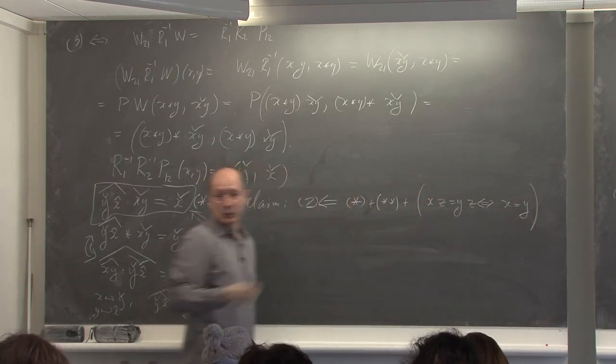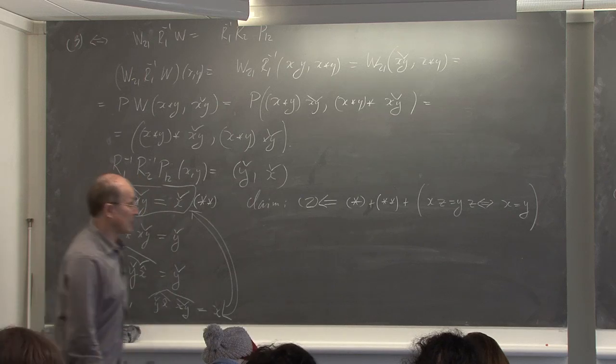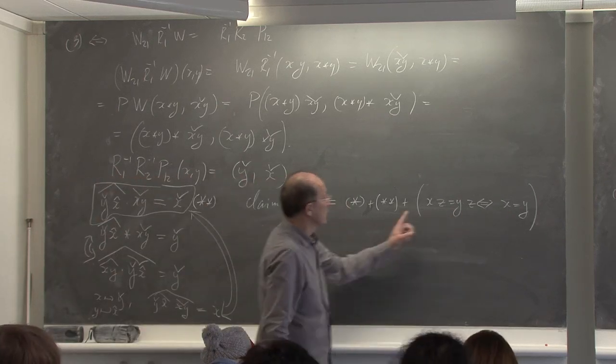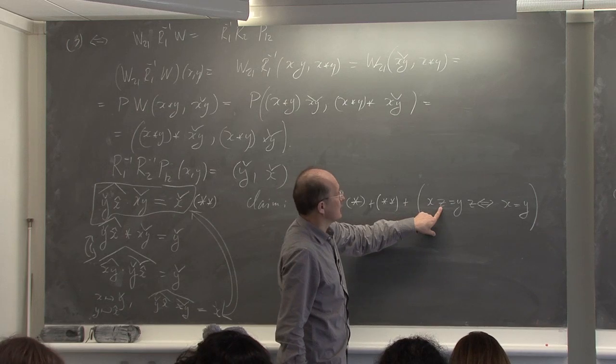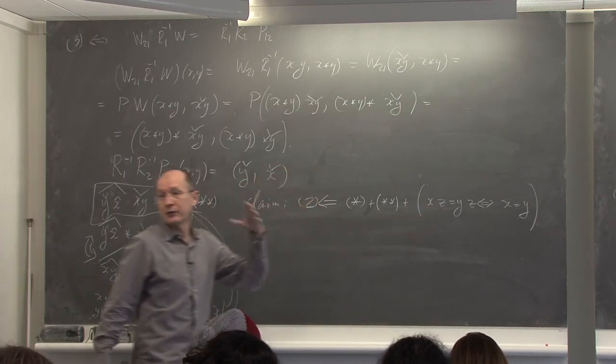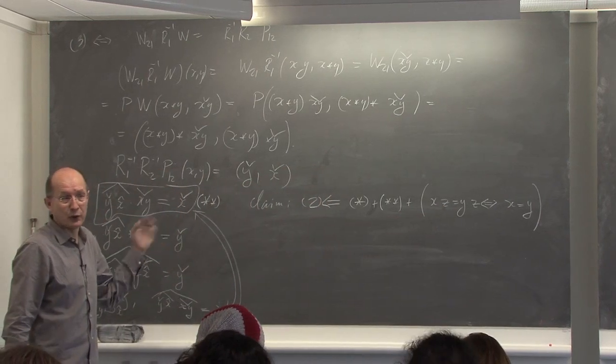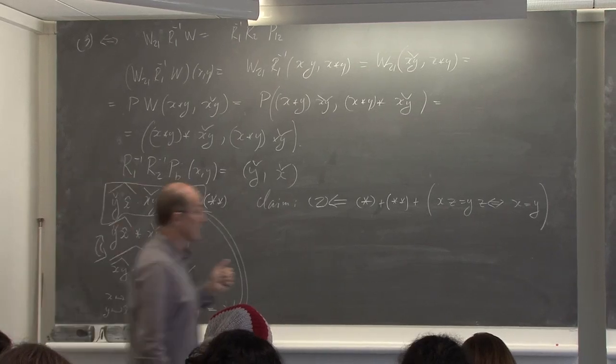So the cancellation property of the product. Because a priori this is not a group, so we have neither inverse nor the identity in the product.